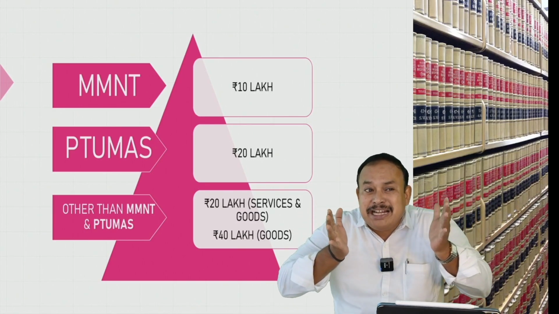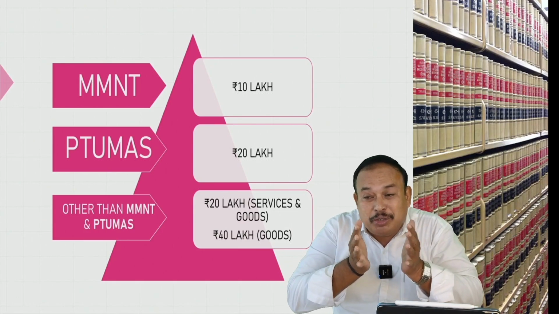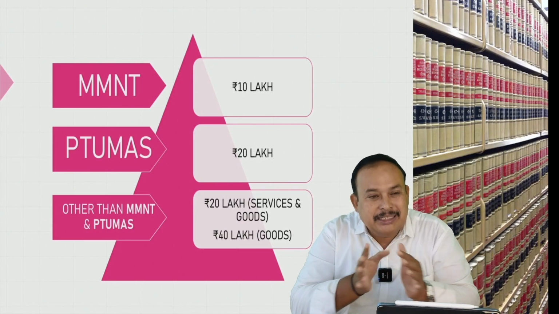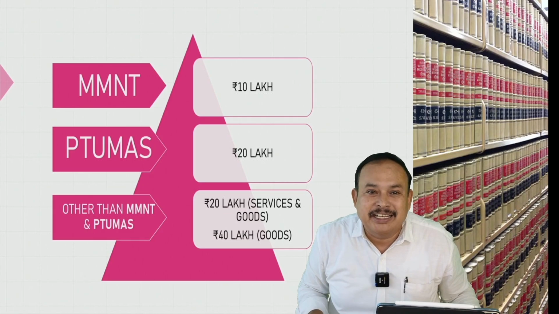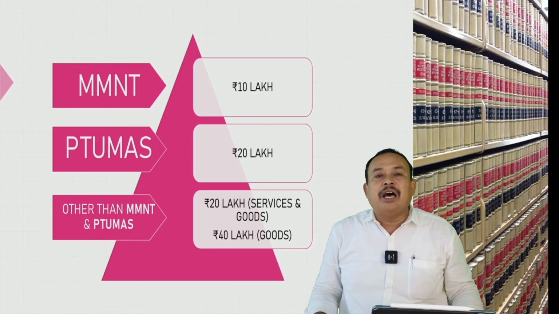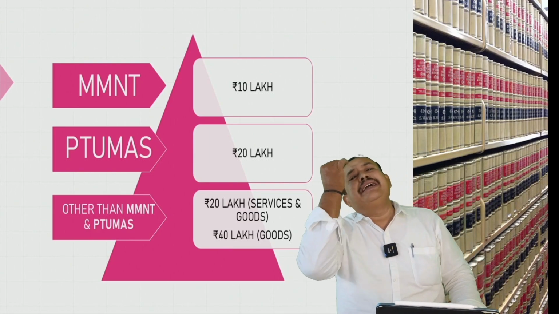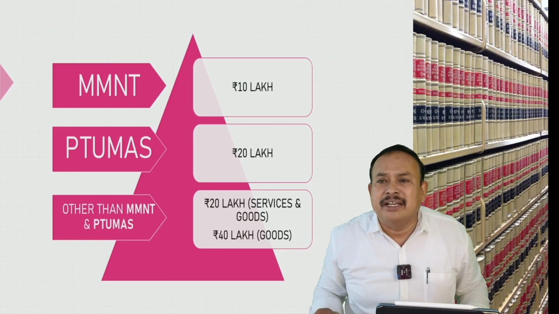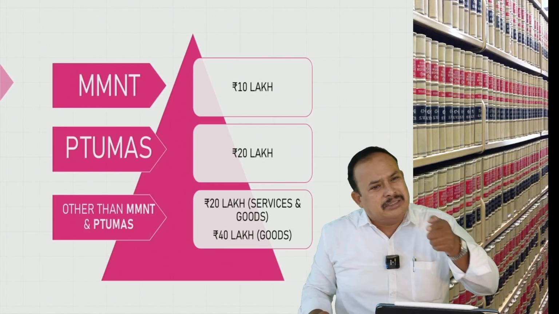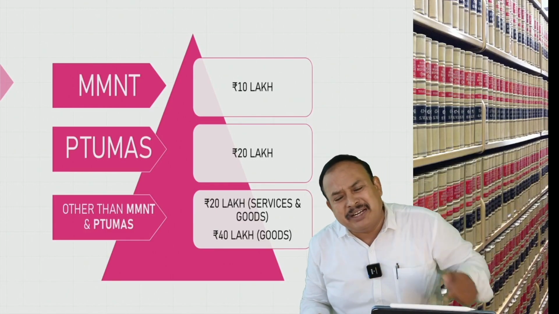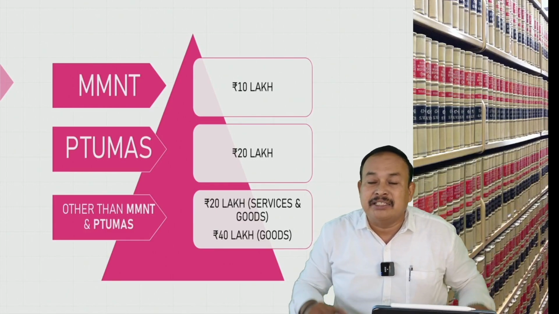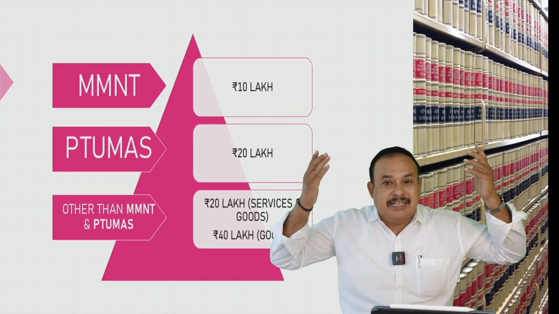So the aggregate turnover in the financial year, you have to club together, is equal to 38 lakhs. Now, in the state of Manipur, the aggregate turnover should not exceed how much? 10 lakhs. But now how much have you earned in a financial year? 38 lakhs. Exceeded 10 lakhs.